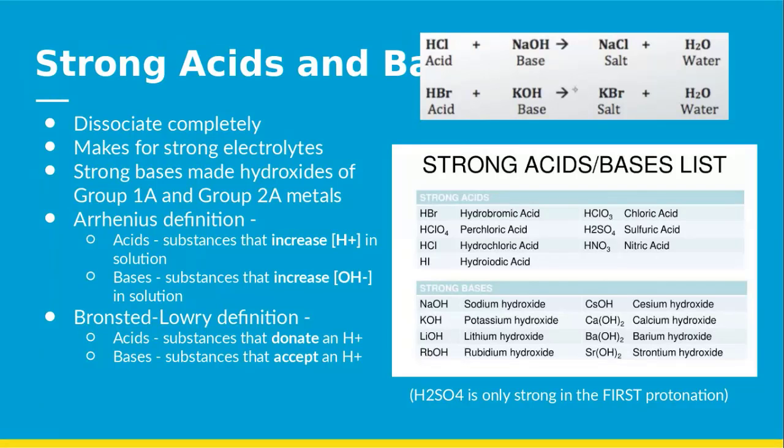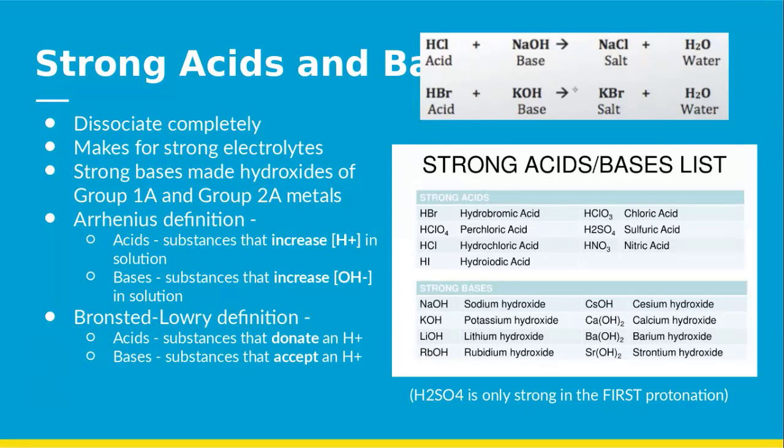If you have a hydroxide, remember, the OH, and you combine that with any of the group 1A metals, excluding hydrogen at the top, of course, like potassium, lithium, sodium, you can form a strong base. And then most of the group 2A metals as well. I have the list over to the side. You can take a look at that.